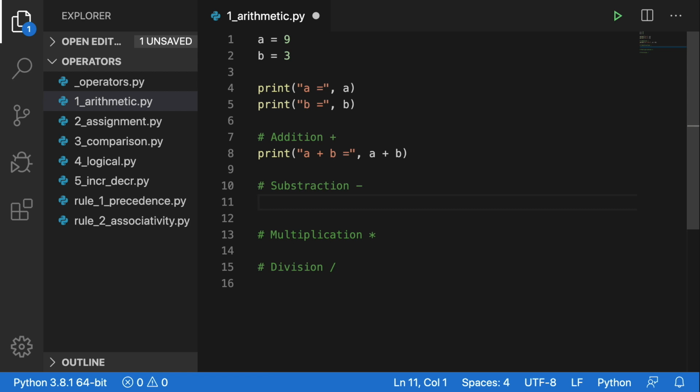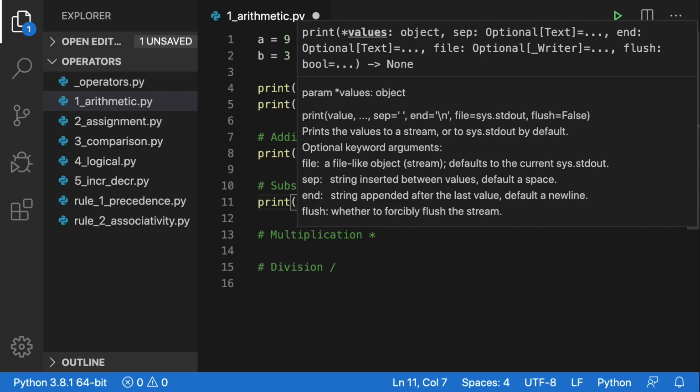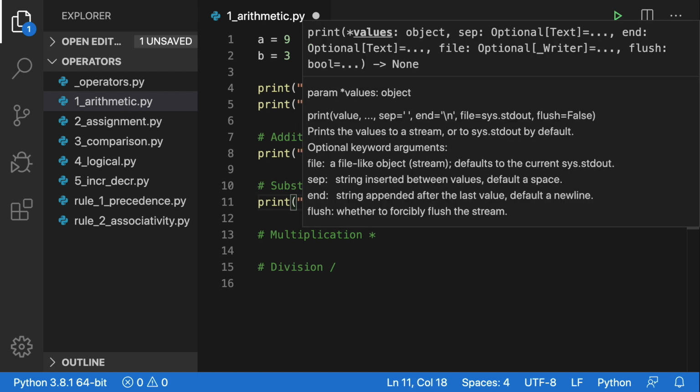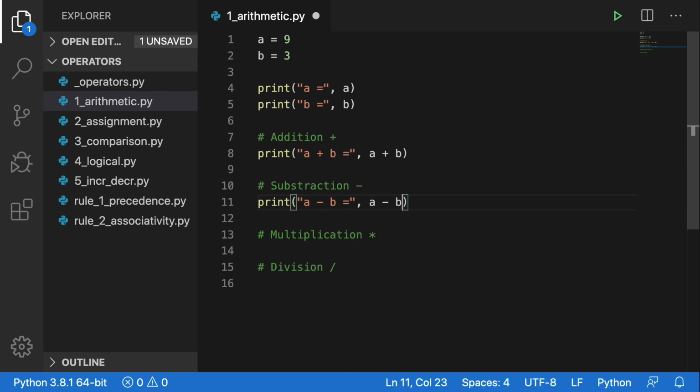Let's go to the next operator, the subtraction operator. a minus b equals a minus b. It subtracts the right operand from the left operand.